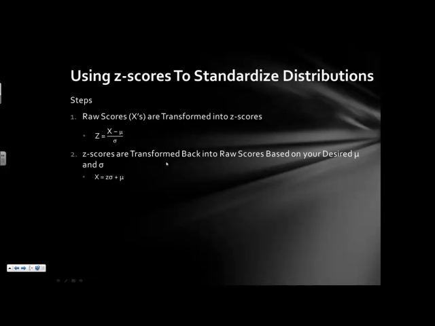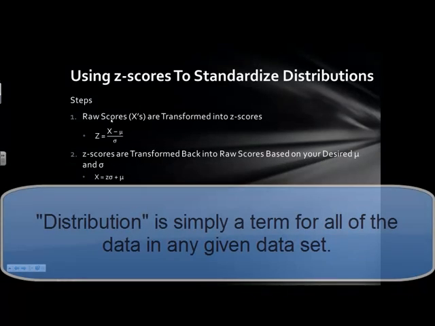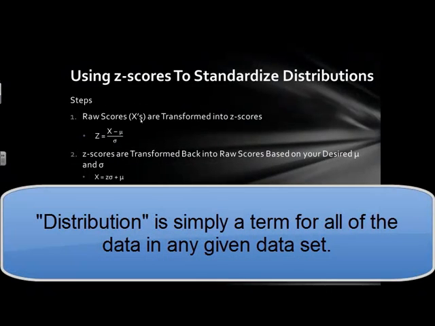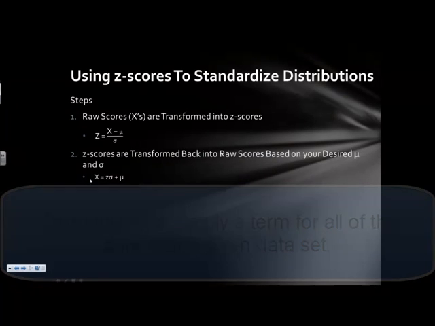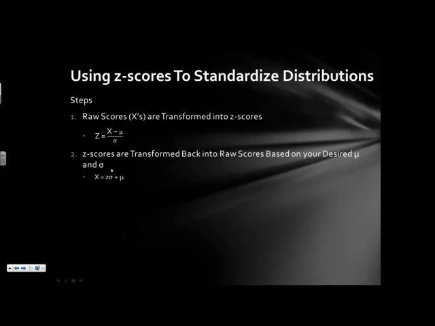The first step is you have to convert raw scores into z-scores based on the original metric. So the original distribution they're coming from will calculate the z-score for x. Then you convert that z-score back into an x value using the desired mean and standard deviation for the transformed distribution.